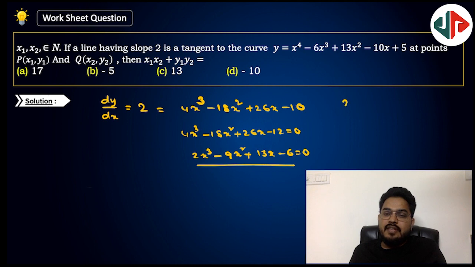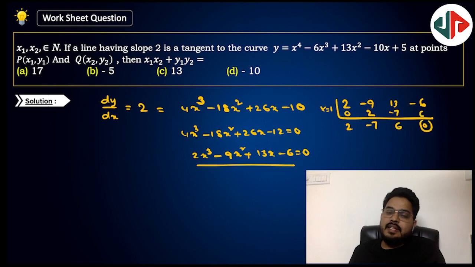By synthetic division: 2, minus 9, 13, minus 6, giving 2, minus 7, 6, and the remainder is 0. So this is (x minus 1) into (2x square minus 7x plus 6).